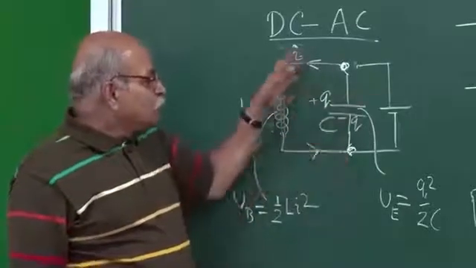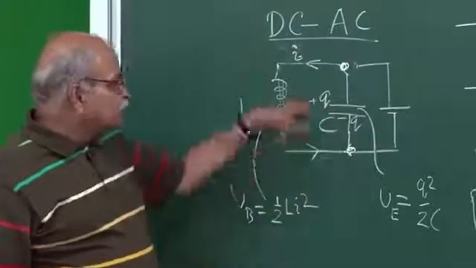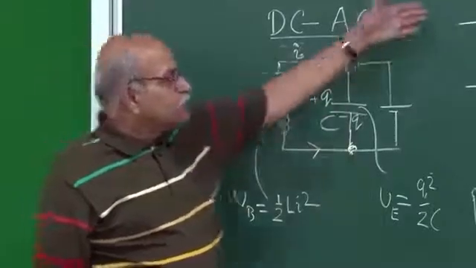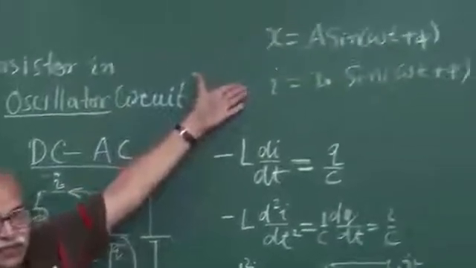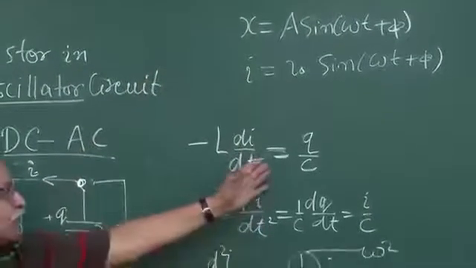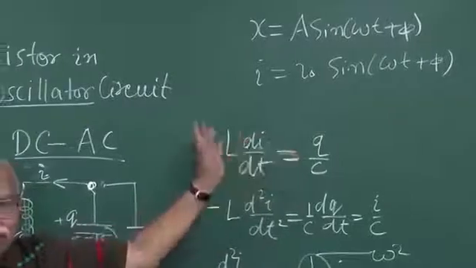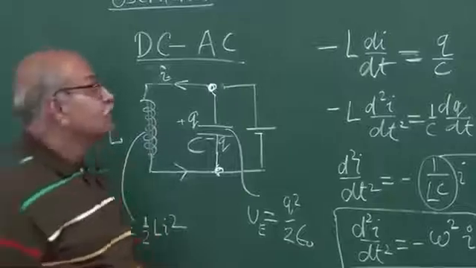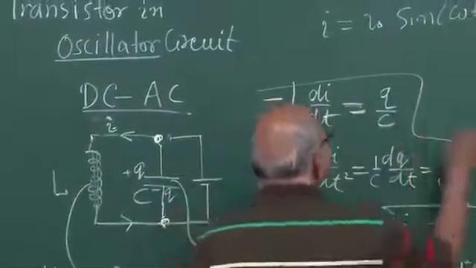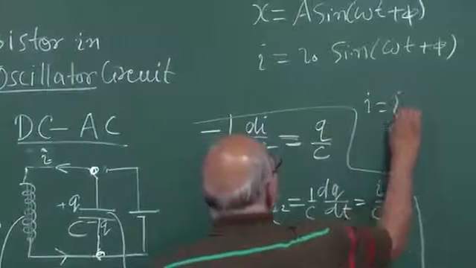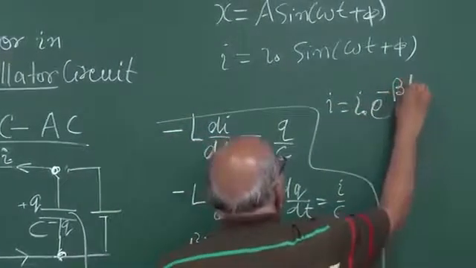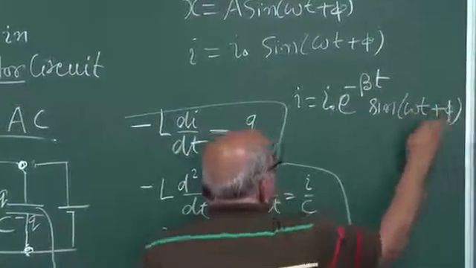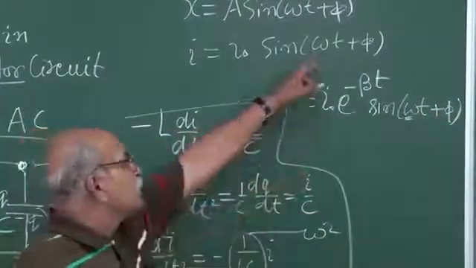Even if you don't use it for external purposes, internally it does have some resistance, and then this equation is not going to work, because you have another term, R times I, resistance into I, in the equation, and power is dissipated there. The current is going to be some e^(-βt) times sin(ωt + φ). This ω is slightly different from the ω which is here.